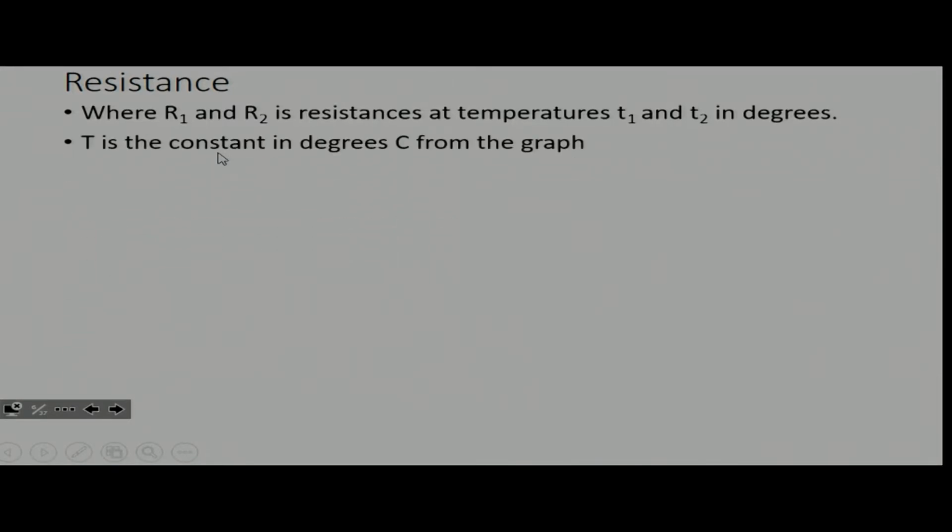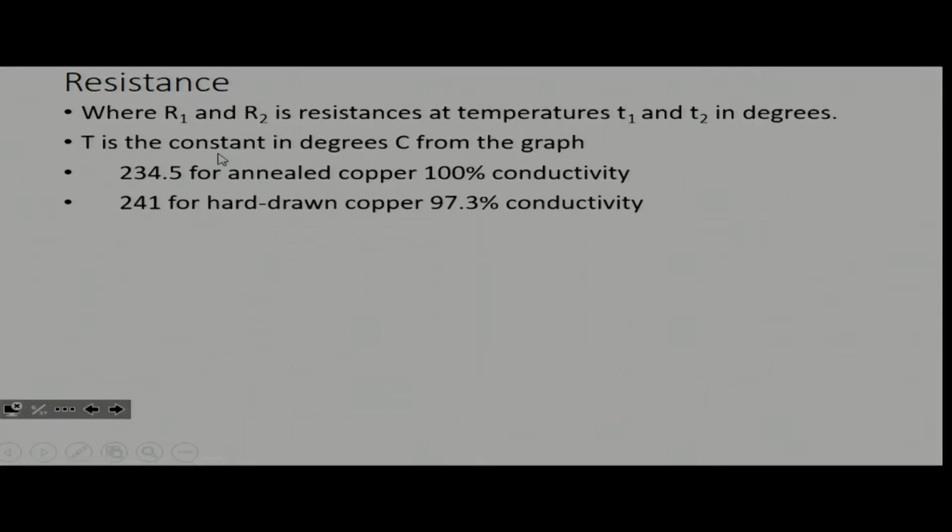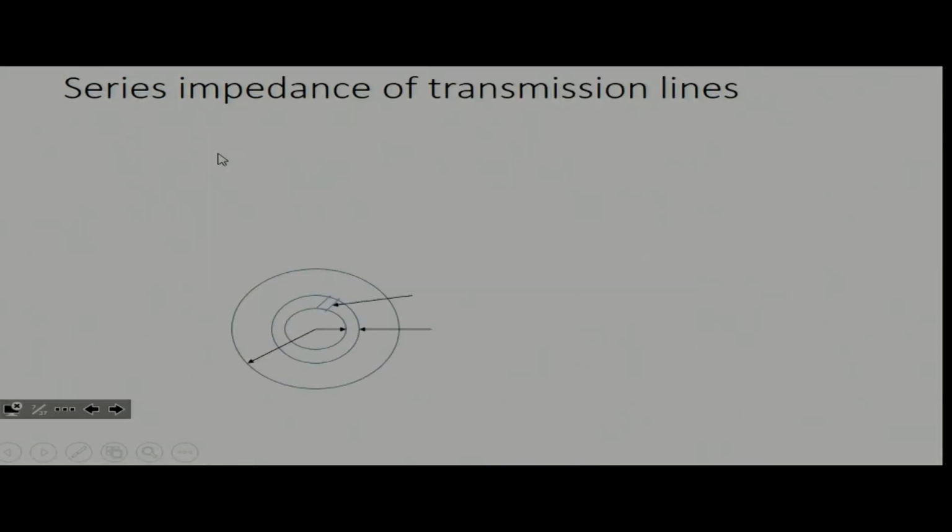T is the constant in degrees Celsius from the graph, which is 234.5 for annealed copper with 100% conductivity, 241 for hard-drawn copper at 97.3% conductivity, and 228 for hard-drawn aluminium of 61% conductivity.